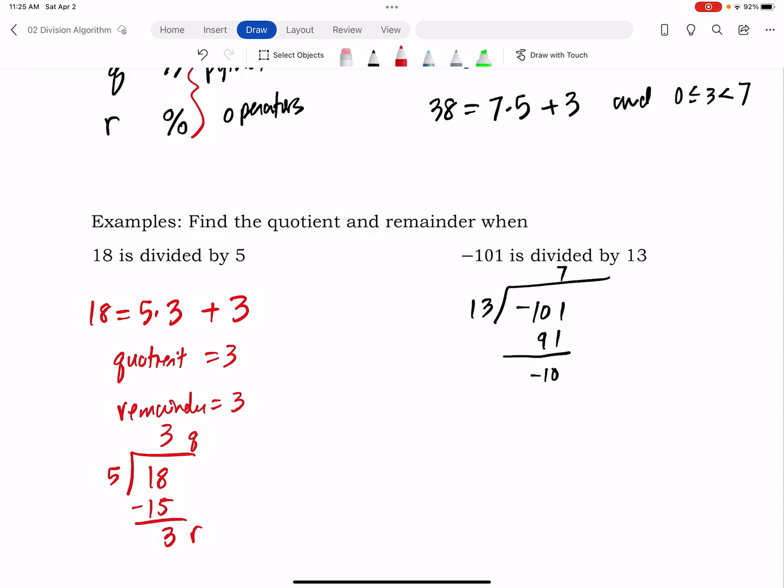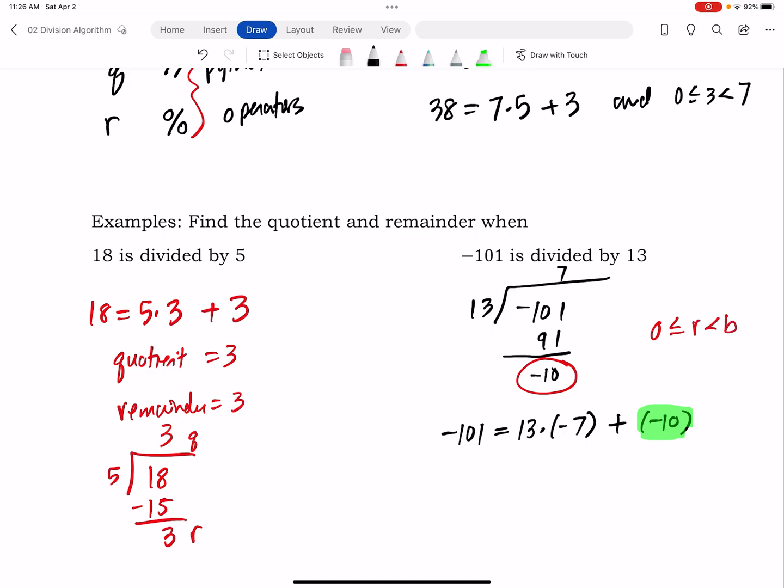The tricky part is that, remember, that remainder has to be a positive number. So I could write negative 101 as 13 times negative 7 plus negative 10. But then this remainder doesn't work because it doesn't satisfy that property of 0 less than r less than b.